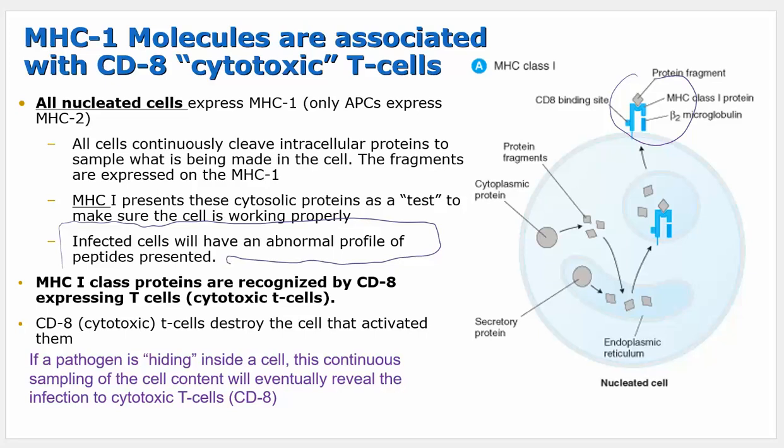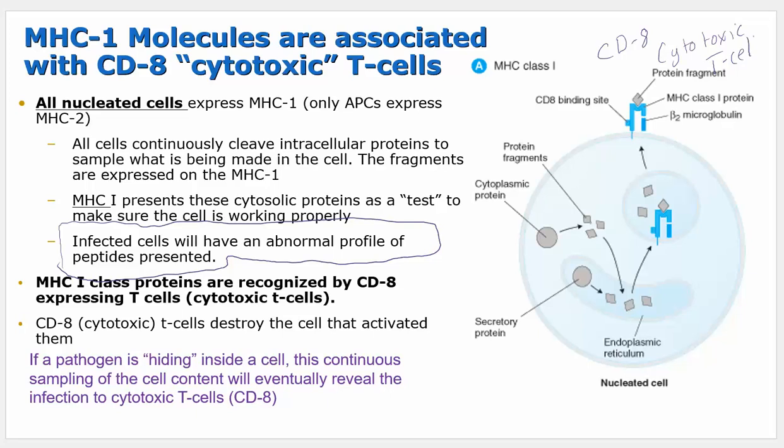Infected cells will have an abnormal profile of these peptides that are presented, these antigens here. Those are going to be abnormal. Okay? So, MHC1 is detected by something called CD8, and these are cytotoxic T cells.